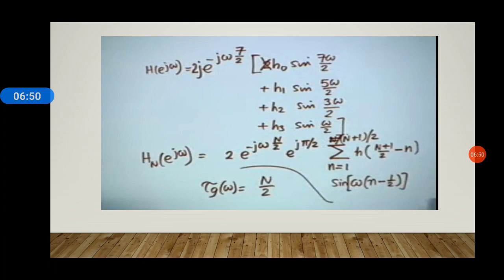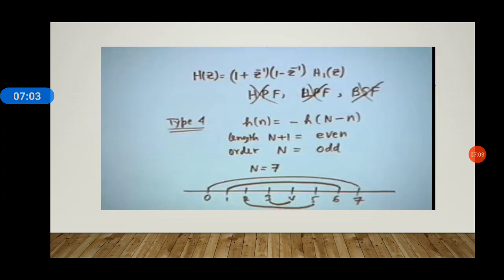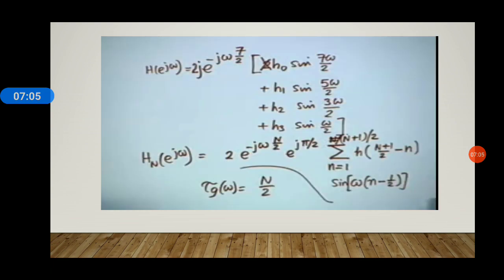So again the group delay is N by 2, which is a constant for a particular filter, but that is for a particular N. Now here the case is, if N is odd, N by 2 would be, for example, if N is 7, N by 2 would be 3.5. So practically achieving such filters where the group delay is not an integer is difficult.